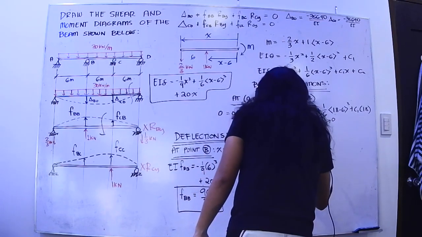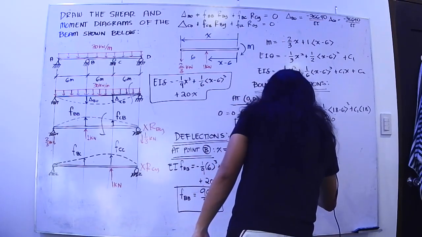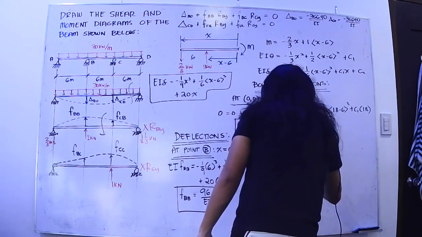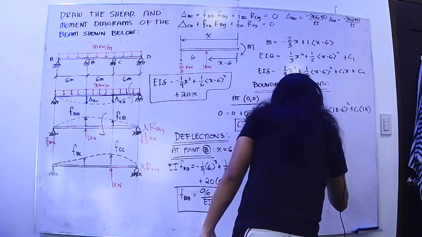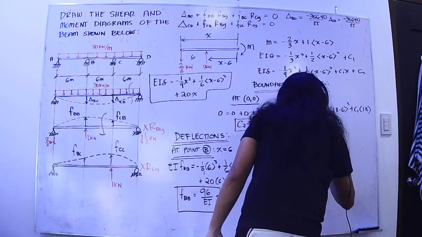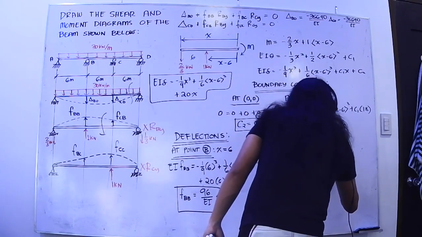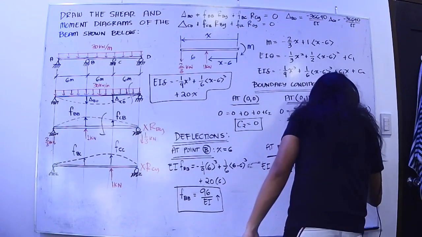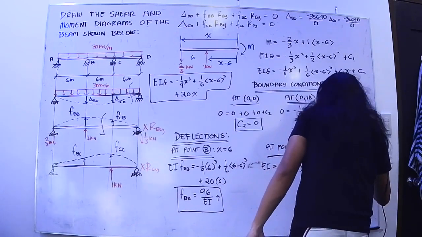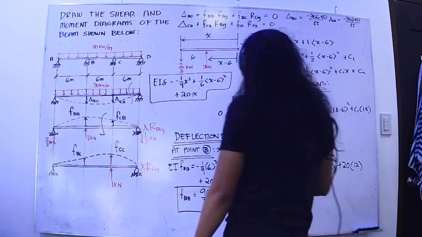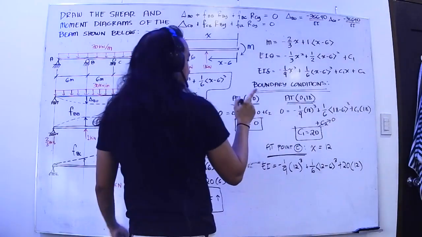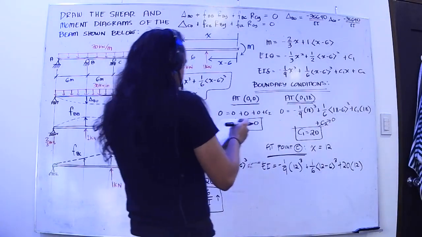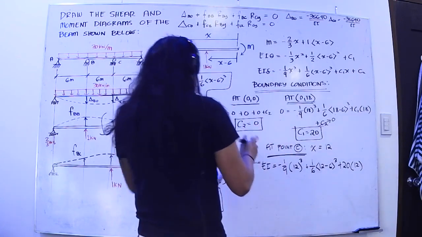It's equal to negative 1 over 9 times 12 cubed plus 1 over 6 Macaulay brackets, plus 20 times 12. Okay, 20 times 12.